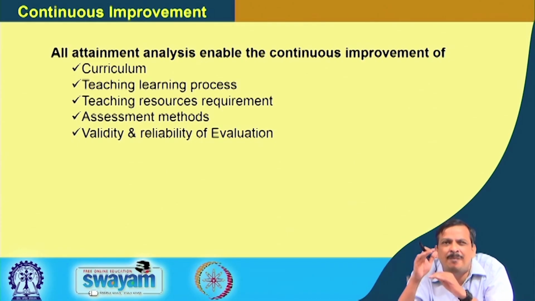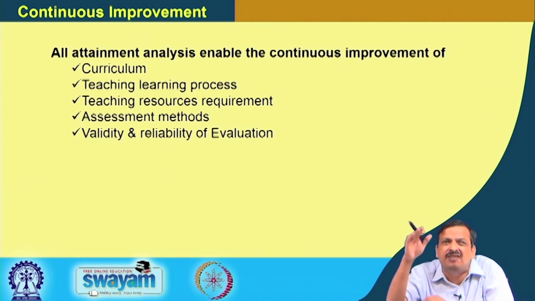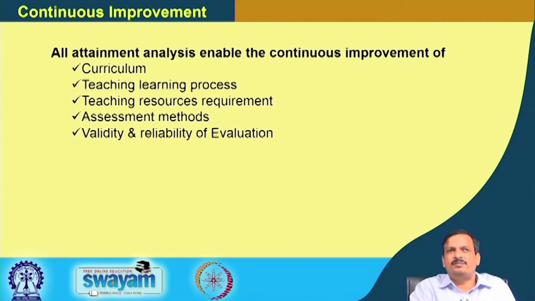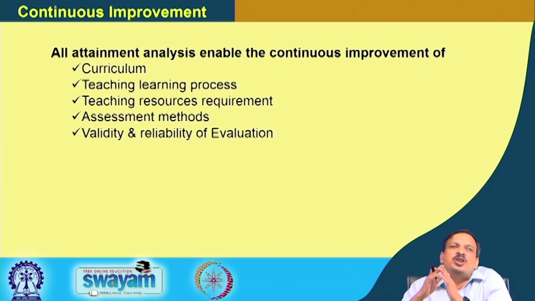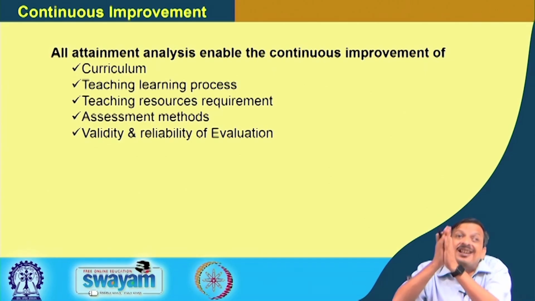So, the number of units or number of lectures in design may be increased, or maybe CO 3 is not attained by many students because CO 3 is not achievable.